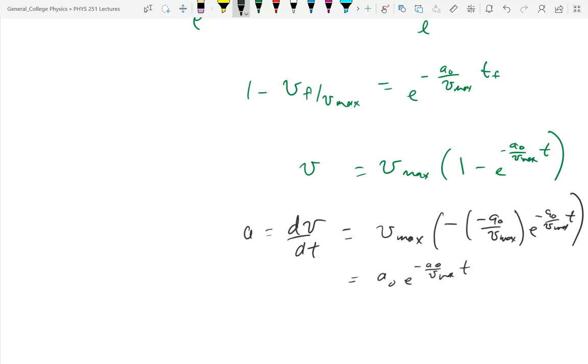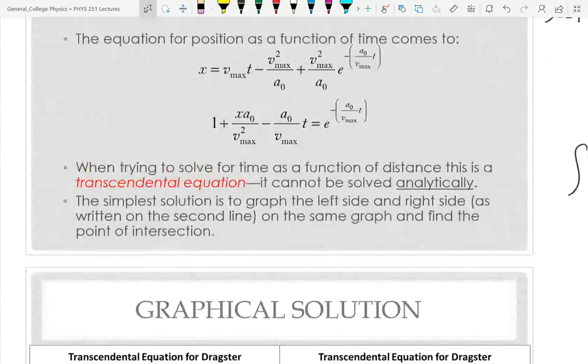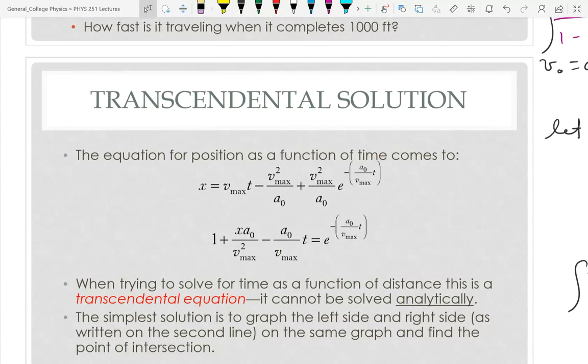And so you have Vmax squared over a0. So it actually comes out simply. And this is the equation for position as a function of time. I didn't rewrite the equation for acceleration as a function of time. It was simple.